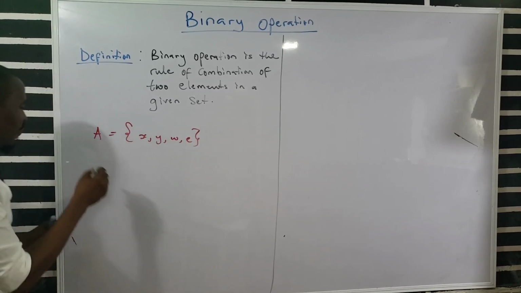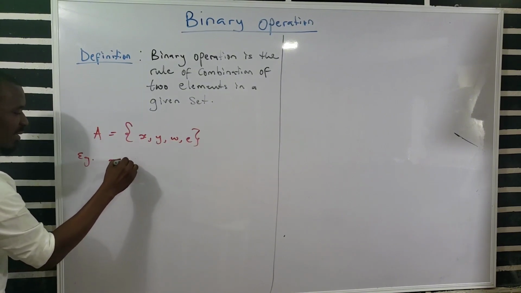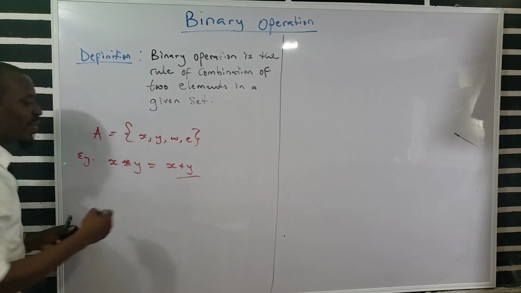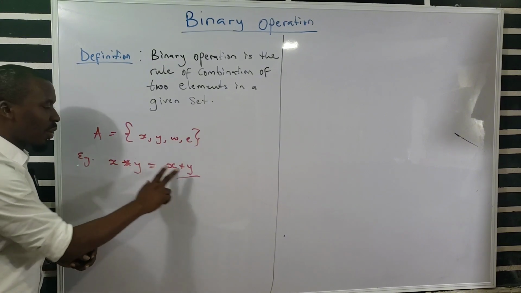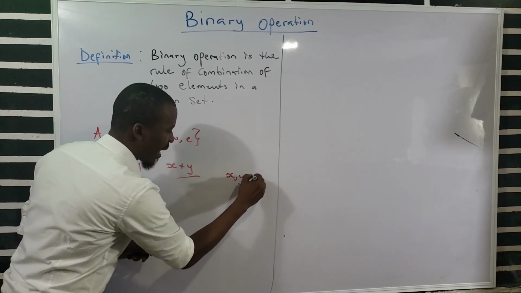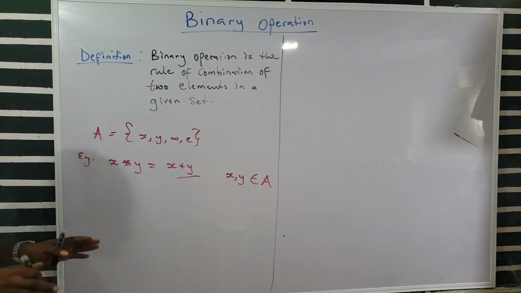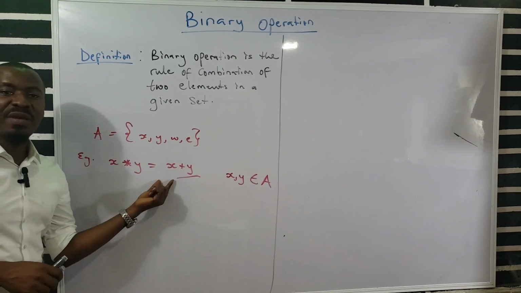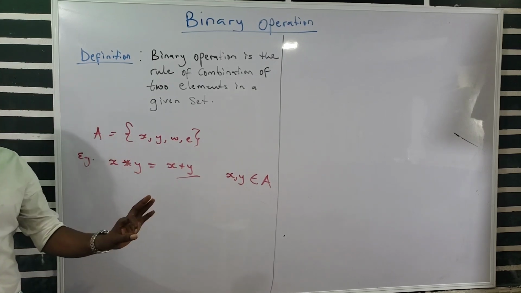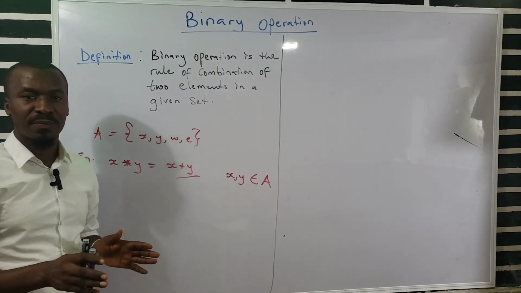For example, you can be told that in this set, X binary Y will give you X plus Y. You have been given the rule of combination of these two elements in set A. Of course, X and Y are elements of set A. If you are given the rule of combination, you have to obey it in any operation you carry out under that question.